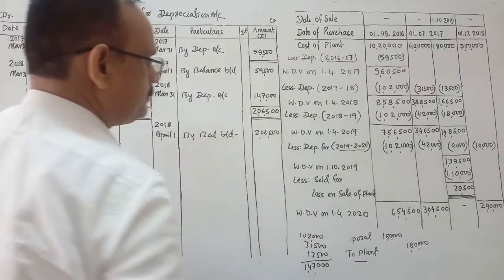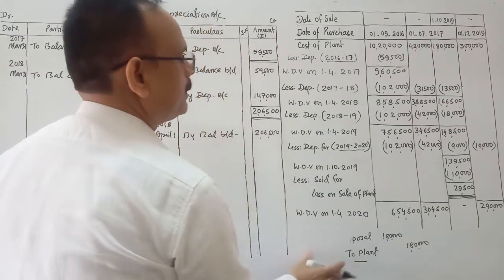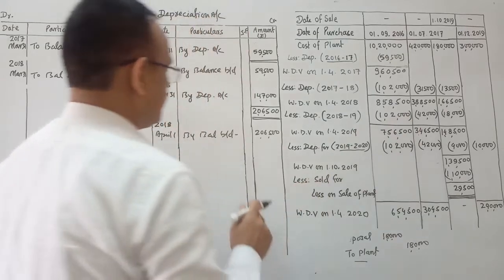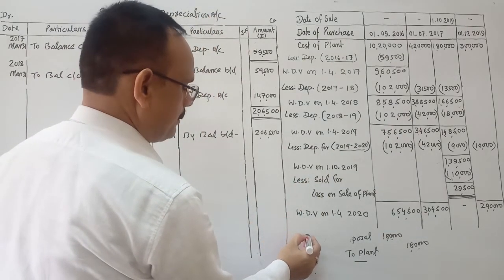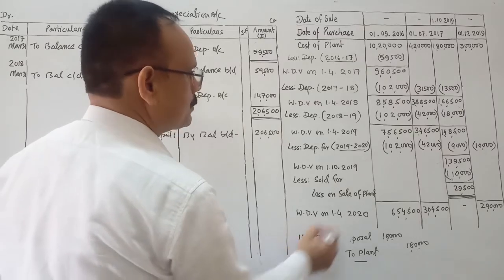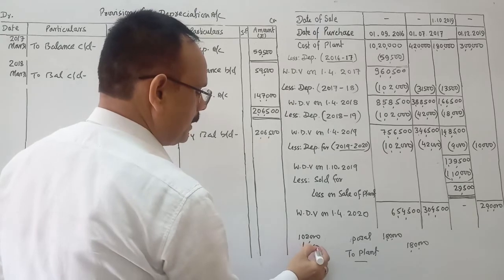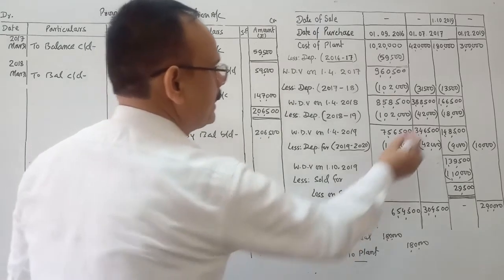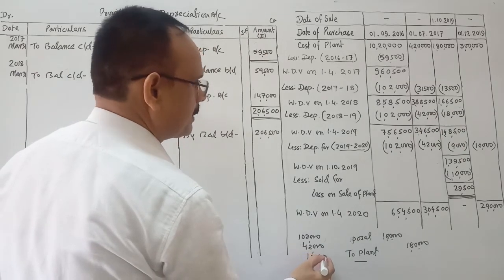It is 2,06,500. Now coming to the next one, 18-19. We have entered the financial year 18-19. The first depreciation is 1,02,000, the second is 42,000, and the third is 18,000 on the third machine.